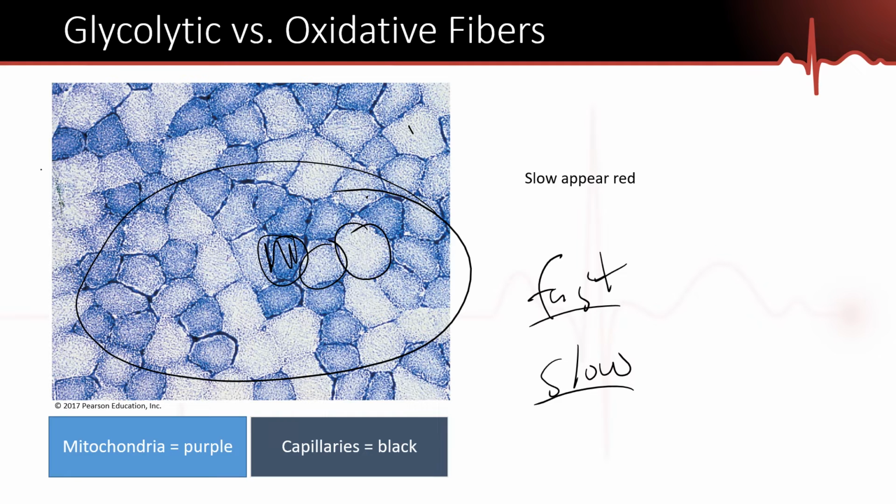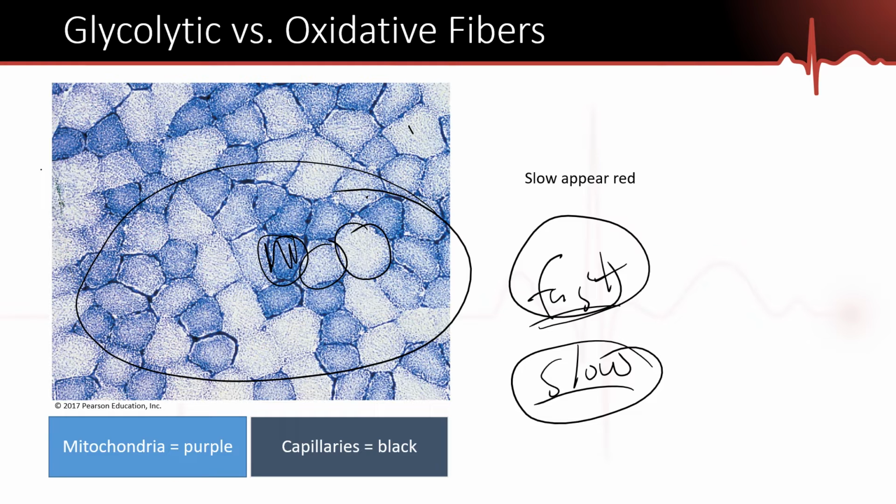We actually now know through research that there are at least 15 different types of muscle fibers. That's quite clear. But usually what's discussed in an exercise physiology course are three different types. I'm not even going to get into that type of depth here. I'm just going to differentiate between what are called fast and slow twitch muscle fibers. What's the basic difference between these fast and slow twitch muscle fibers?